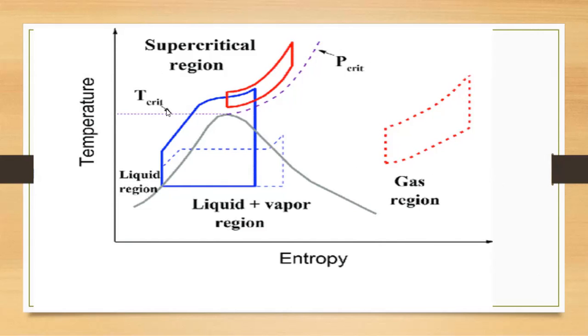Here this is the critical temperature, and this is the critical pressure. And if you observe, here we can see the supercritical region. It is just above the critical temperature, and critical means the change in phase occurs here.